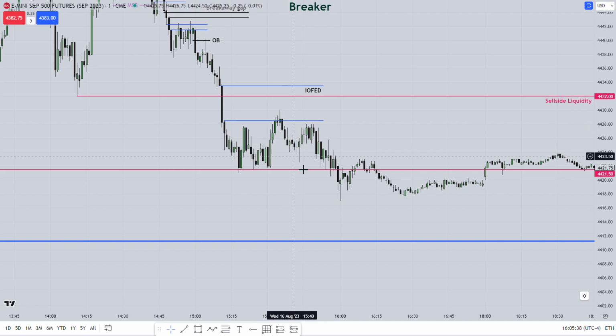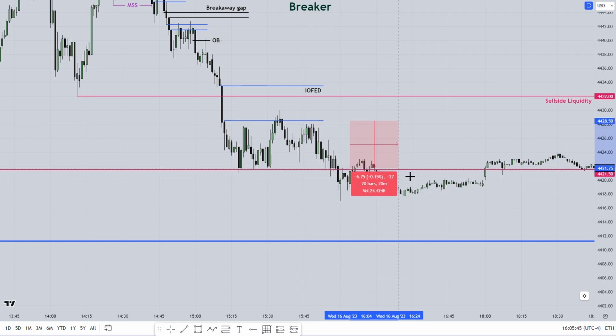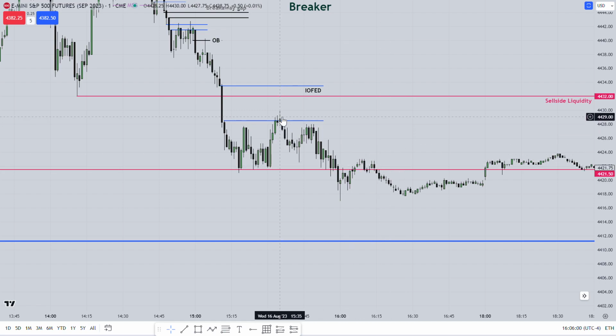So from here to here, it's nearly about 700. Not bad. 700 is a very good amount, because ICT always says to go for the 5 handle, so it's 2 more handles. So you can take an entry here.